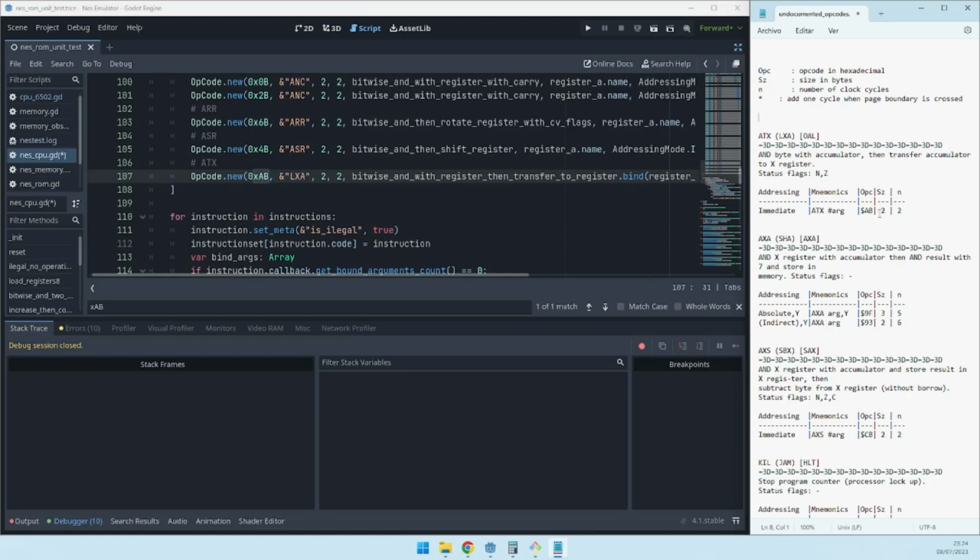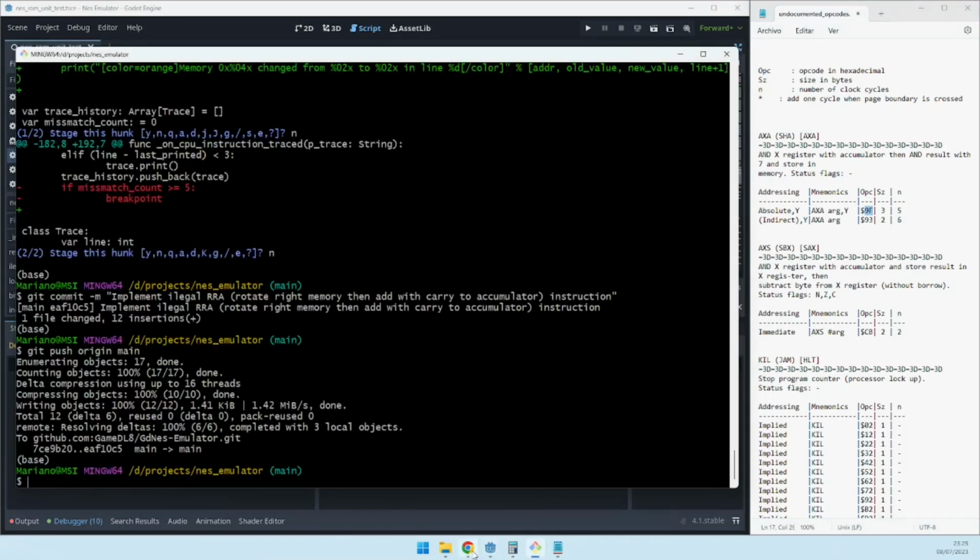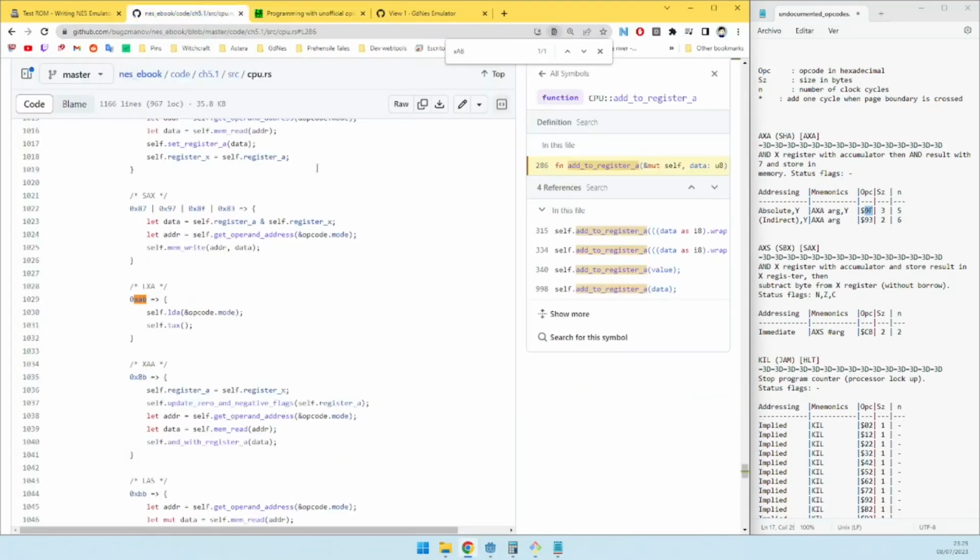Okay, I already did this one. So this is an AND with accumulator, then AND the result with 7 and store in memory. So let's find it in the Rust code and see what it does.